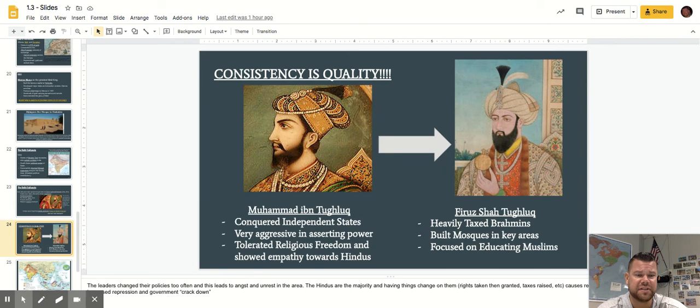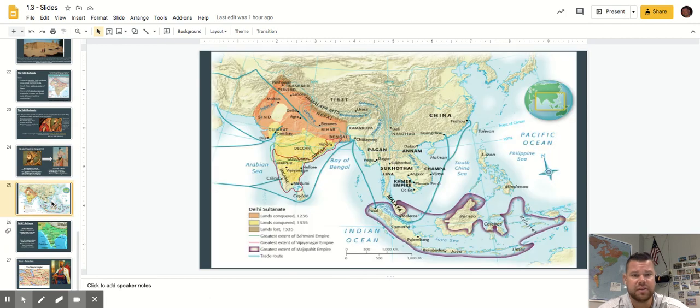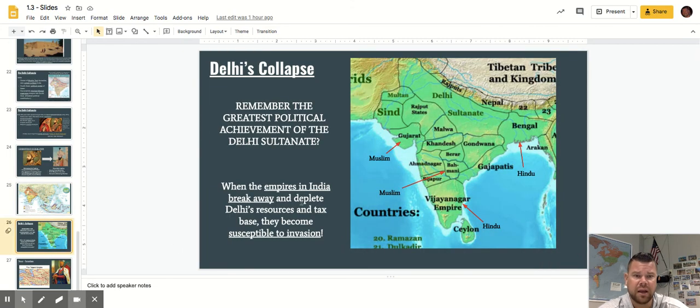And when you have such a vast subcontinent like India, it's going to be hard to control that when there is unrest. There's a map here. You can see how these areas on the Indian Ocean trade network helped the spread of Islam to even further Southeast Asia as well. And here's the fragmentation of India.